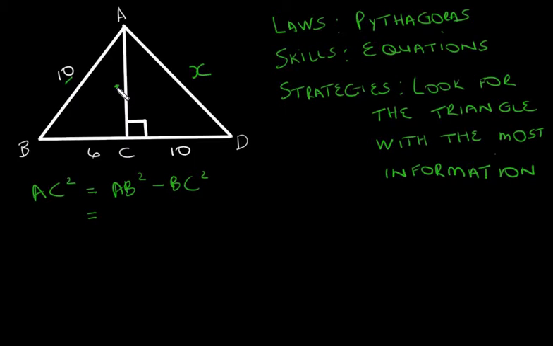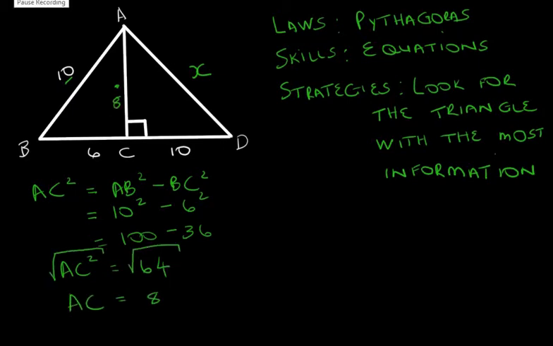So let's fill in our relevant values. We can go ahead and say that 10 squared minus 6 squared is equal to 100 minus 36, which is equal to 64. However, we don't want AC squared. We want AC. And so what do we need to do? We need to square root both sides.